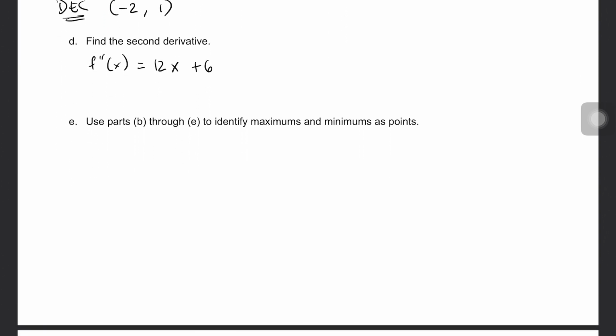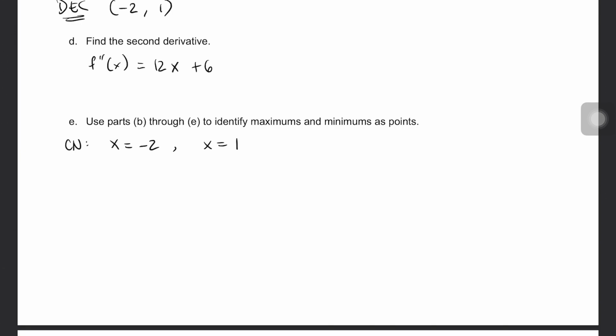Now the next part is for us to identify any maximum or minimum for this function. We already know that we have two critical numbers. Critical numbers are x equals -2, x equals 1. So these are the only possible places where we can have a maximum or minimum, right?